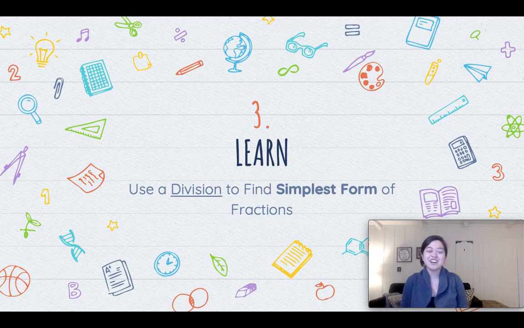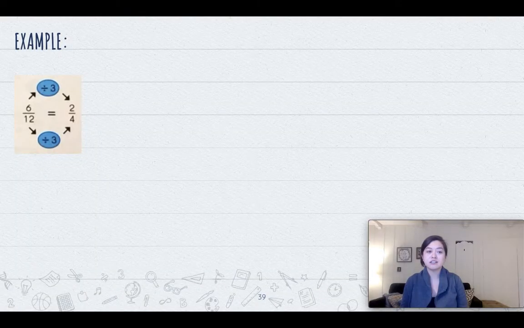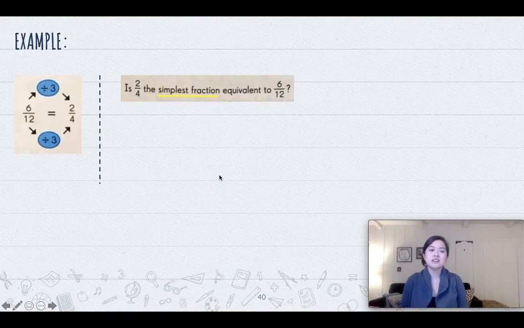Okay, now let's use division to find simplest forms of fractions. Look at this example again. We already did this where we divided the numerator of 6/12 by 3 and the denominator by 3 and we got 2/4. Is 2/4 the simplest fraction equivalent to 6/12?